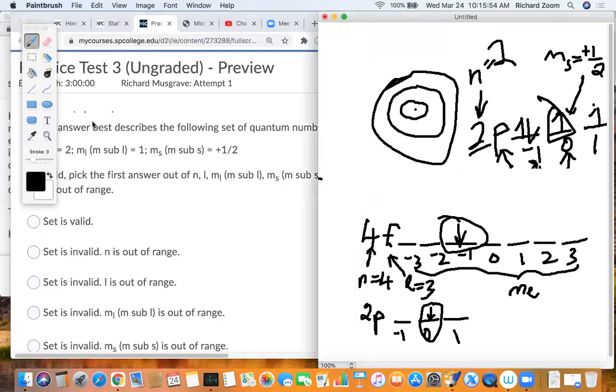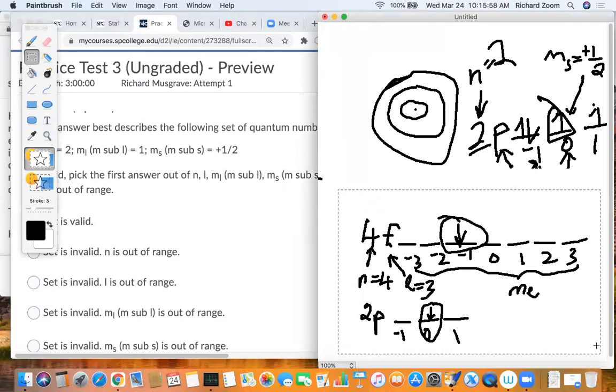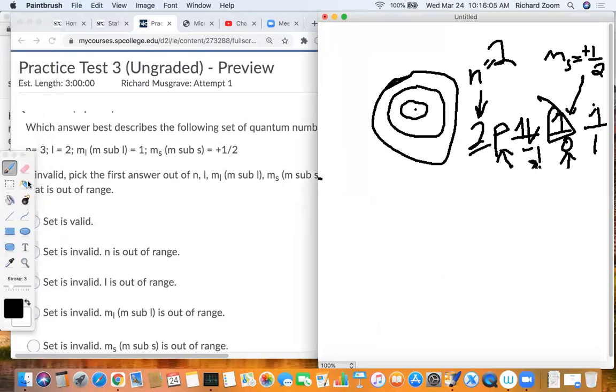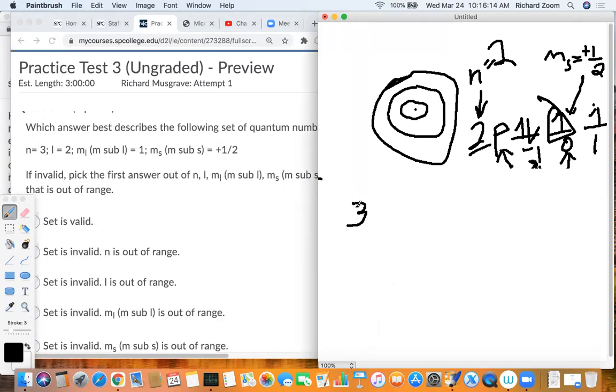So let's see exactly what electron this would be talking about, since it is valid, and you'll see why. So we've got, again, the n value, which is 3. So I write down 3 here. And then we've got the 2, which means L equals 0 would be S, L equals 1 is P. I'll write this down here.